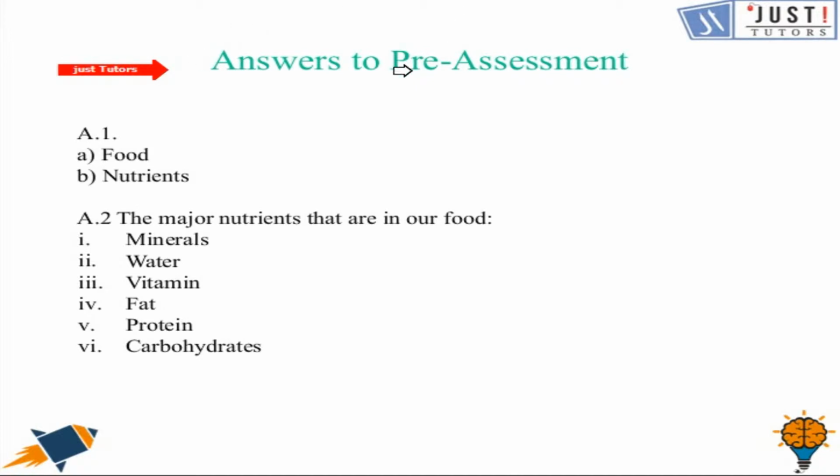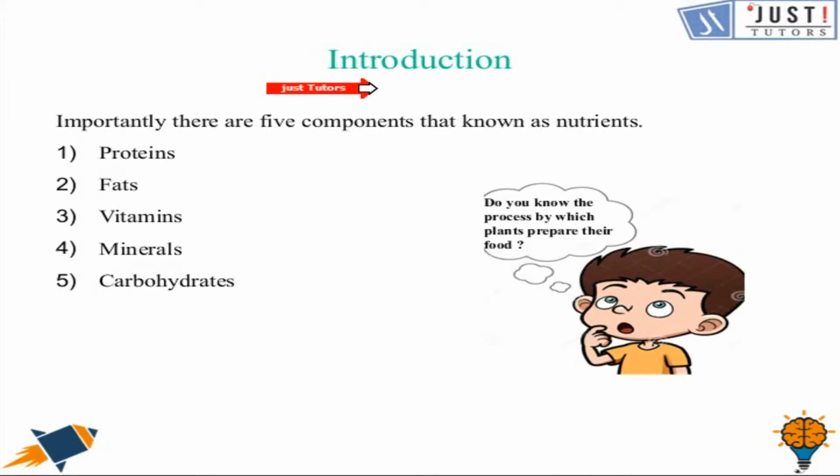Very first, as we have discussed, we'll learn about nutrition in plants. You are already aware that food is essential for all living organisms, whether we humans, animals, plants, insects, any creature, every living organism needs food to live on this earth. Among all of them, today we'll discuss plants. Plants can make their own food, but animals depend on plants to prepare their food.